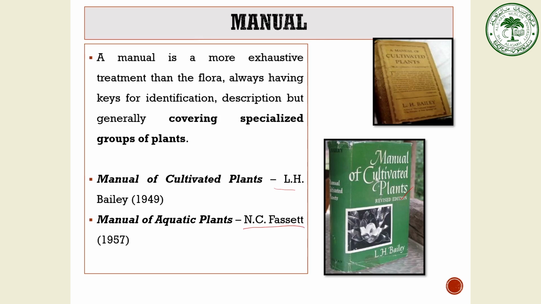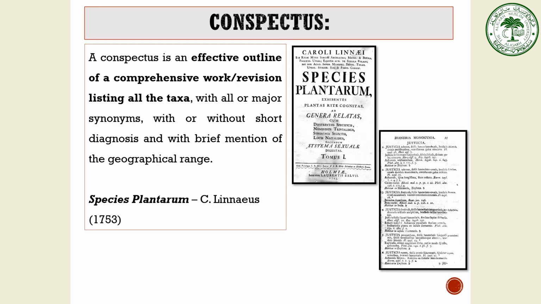So manuals have a more exhaustive treatment. They cover a specialized group of plants, as you can see in this particular image. This is the revised edition. This one is the earlier one, published by LH Bailey, which is the Manual of Cultivated Plants.